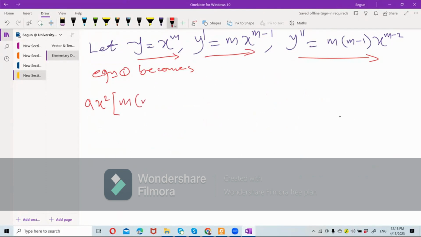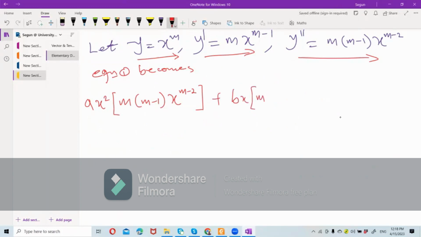You have m into m minus 1 x raised to power m minus 2, plus b of x of y prime, m x raised to m minus 1, plus c x raised to m, equals to 0. Remember what I told you.